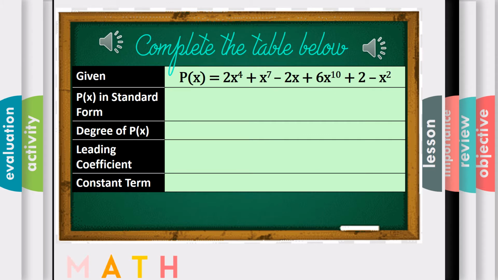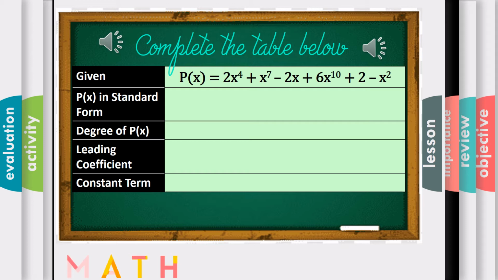Here's another example. Our given polynomial is p of x equals 2 times x raised to 4 plus x raised to 7 minus 2x plus 6 times x raised to 10 plus 2 minus x squared.